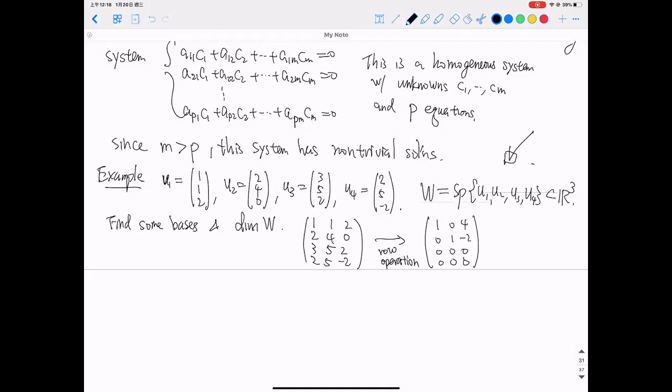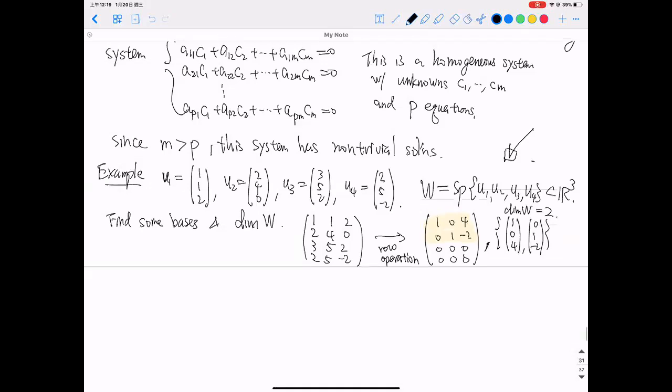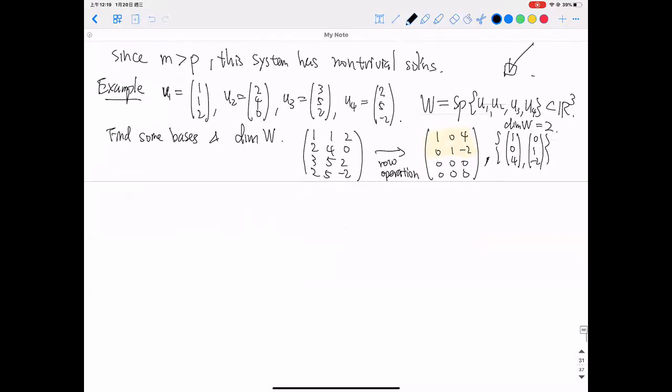Now the answer can be easily read off: a basis that consists of two vectors, (1, 0, 4) and (0, 1, -2), and the dimension is 2. That's one way of doing things.